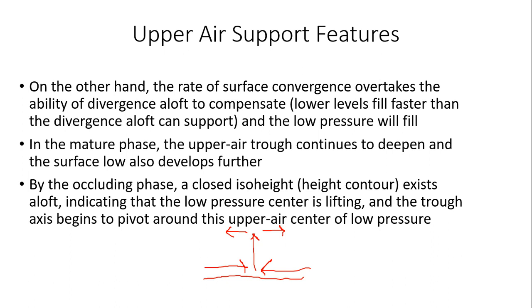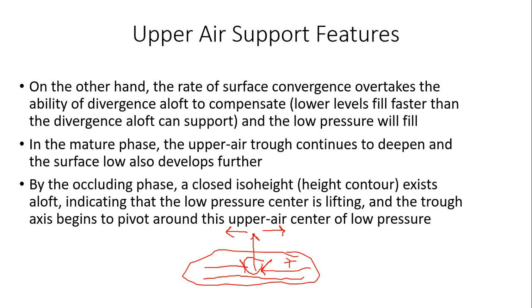So in this case, low-level convergence down here at the surface is stronger than what's being removed aloft. So faster, we're adding mass down here at the low levels of the atmosphere, okay? And we're not removing the mass aloft as quickly in the upper levels. So what happens is that is going to result in an area of low pressure that weakens, and what we call that is a filling process.